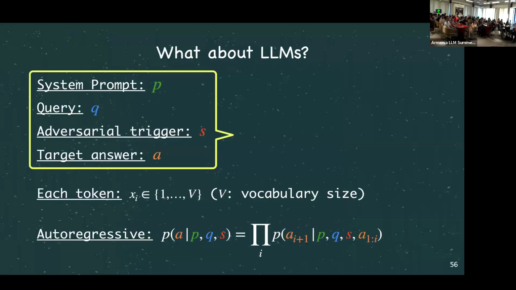So that's the framework. We have the system prompt P, the query Q, the adversarial suffix S, and the target answer. And this probability, of course, is autoregressive. So the probability of the answer given P, Q, and S is just this product over the autoregressive generation of the probability of token A_i+1 conditioned on what has been generated before.